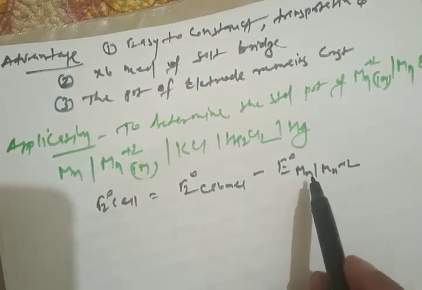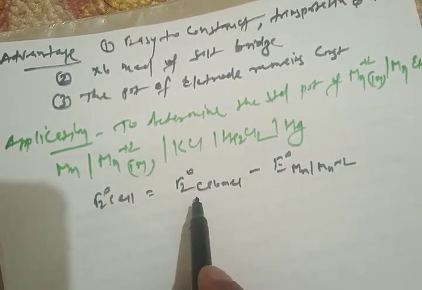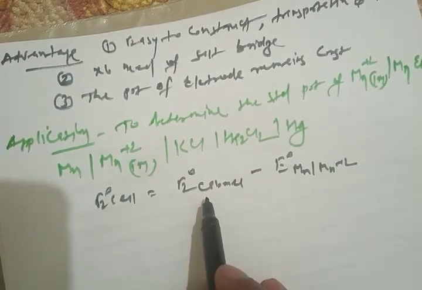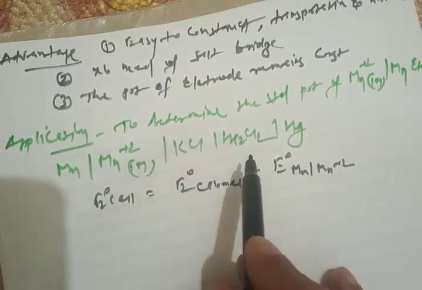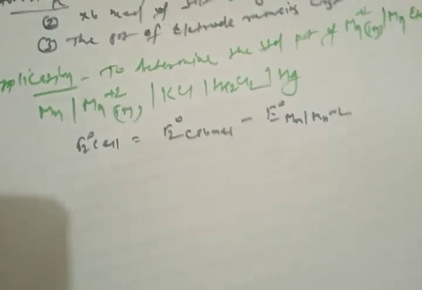Once you know the value of the cell, you can easily find out the value for the Mn electrode. We know the cell value given, so this you can calculate. So this is the application of the calomel electrode.